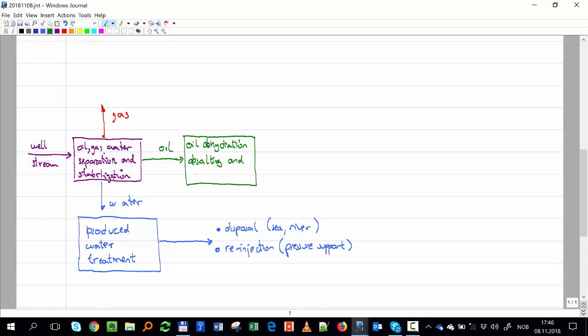And then you have stabilizing. Sometimes the oil that comes from here is suitable to put right in the tanker, or right in the pipeline. Sometimes not. Sometimes I have to do an extra step to remove some of the vaporizing components.